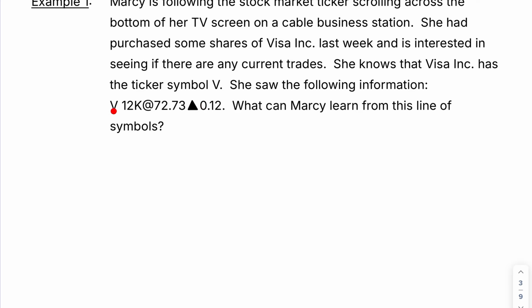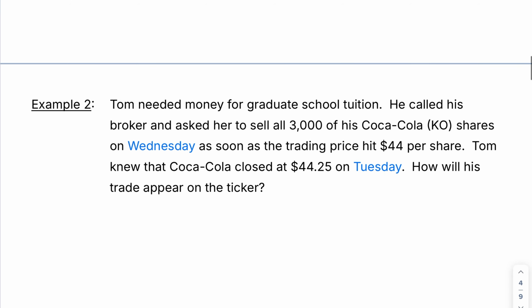Okay, so as you can see, you can find quite a bit of information here: the company symbol, the number of shares traded, the price it was traded at, and how it compared to yesterday's closing price. All right, let's take a look at example 2.